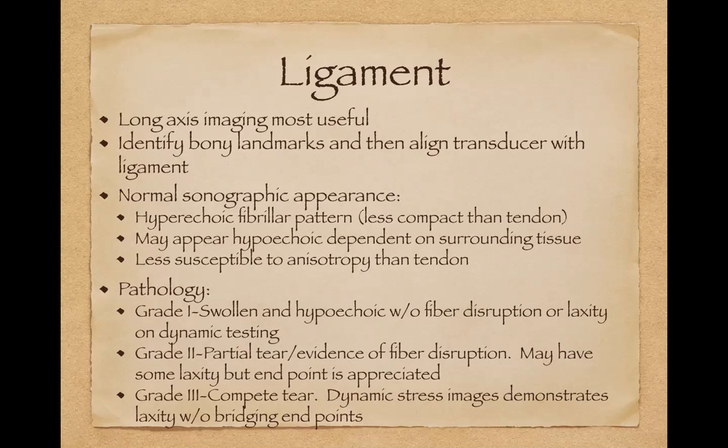The grading of pathology is similar to that on physical exam. When patients have pain, grade 1, you have swollen and hypoechoic without fiber disruption or laxity on dynamic testing. Grade 2 or partial tear, you have evidence of fiber disruption, may have some laxity, but an appreciable endpoint. And then grade 3 is a complete tear when dynamic stress imaging demonstrates laxity without any bridging endpoints.